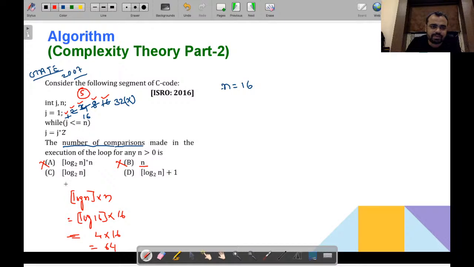This one means 4, because once you take log of n, whatever you are taking, either upper bound or lower bound, this comes out to be the actual output. So the right answer will become log of log of n.